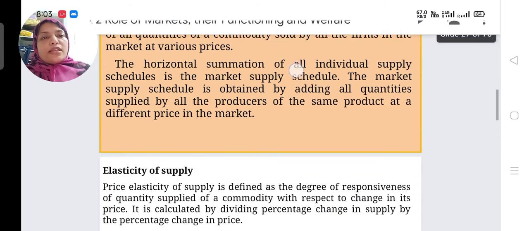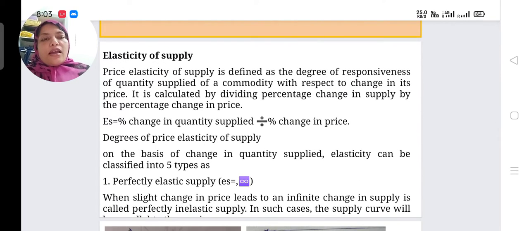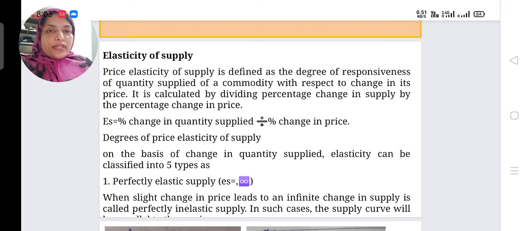Then the next concept is elasticity of supply. We already learned elasticity from school classes. Price elasticity of supply is defined as the degree of responsiveness of quantity supplied of a commodity with respect to change in its price.